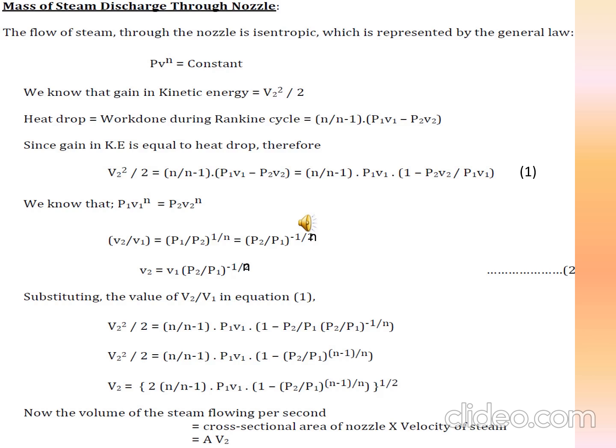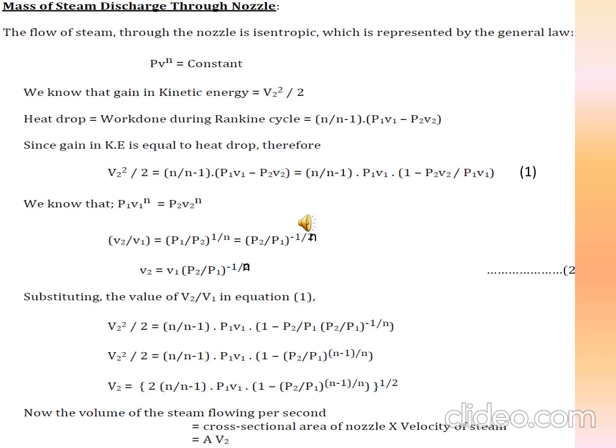If we substitute the value of V2 in equation 1, then V2 square divided by 2 equals n by n minus 1 P1 V1, taking it common outside, into 1 minus P2 by P1 into P2 by P1 to the power minus 1 by n. Okay. So V2 square divided by 2 equals n by n minus 1 P1 V1 into 1 minus P2 by P1 to the power n minus 1 divided by n.